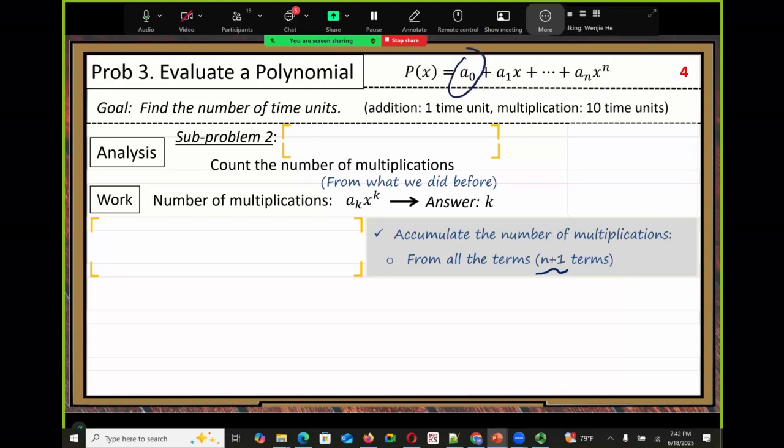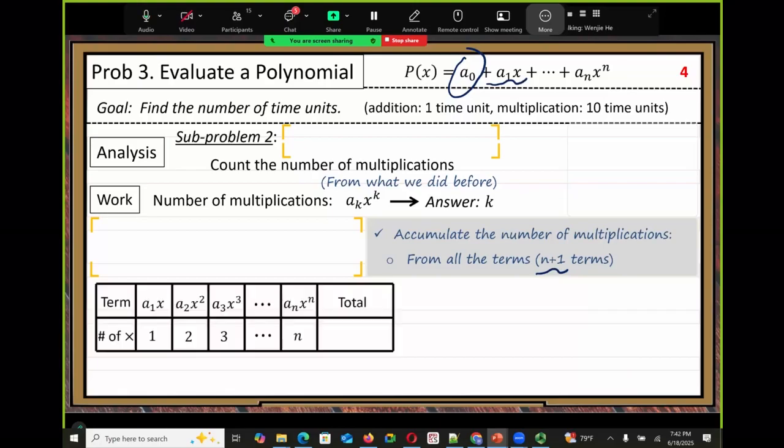Then the A1 x term needs 1 multiplication, and so on. Let me list the number of multiplications for each term: 1, 2, 3, the last one, n multiplications.